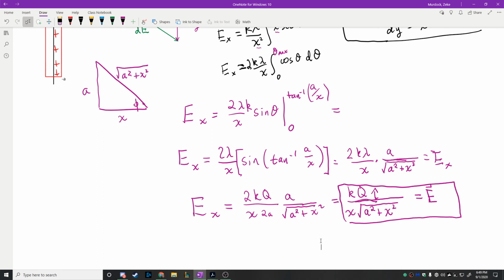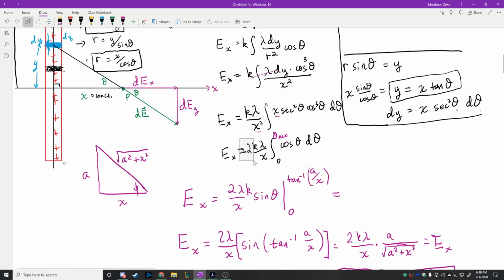Also, about the steps in the problem that we did: the two that showed up in this line right here were because, instead of taking the integral over the entire length, I decided to cut it in half and only do the above portion and then just double it.